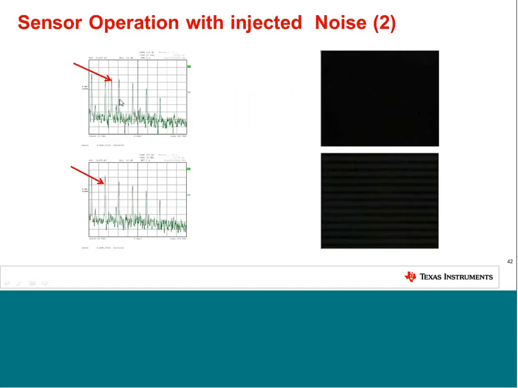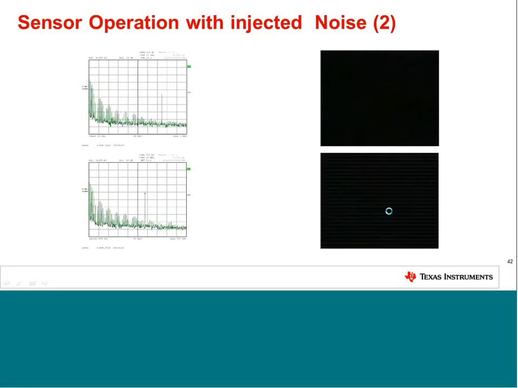So if I inject noise between the spectral lines of the sensor, I can have a very high amplitude, and I don't see an effect. So the signal is still clean. When I move this noise into a spectral line, I see a significant interference.